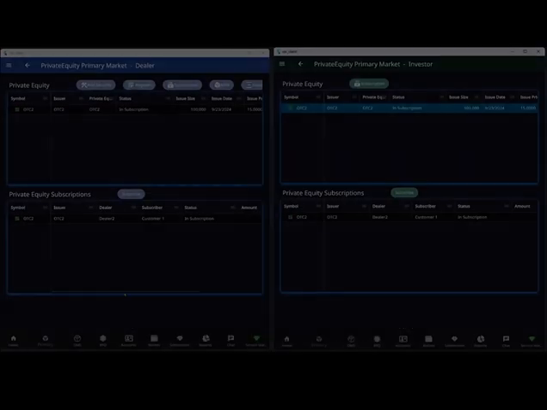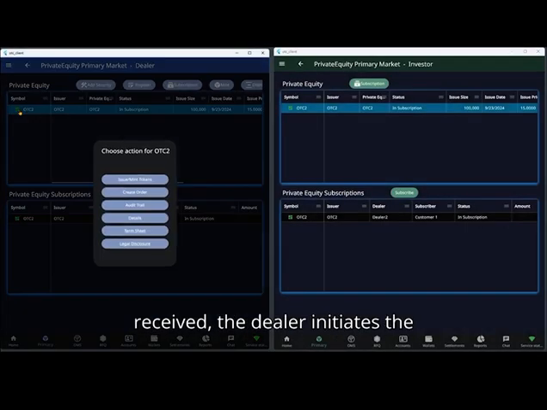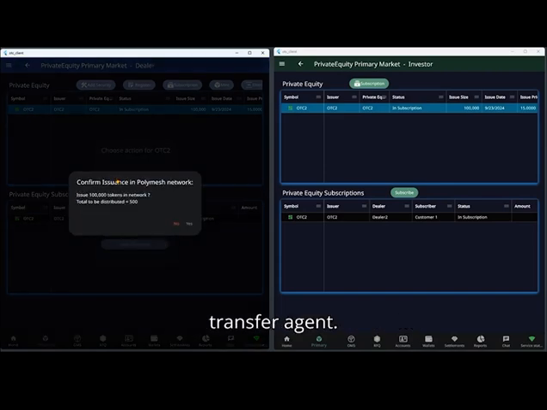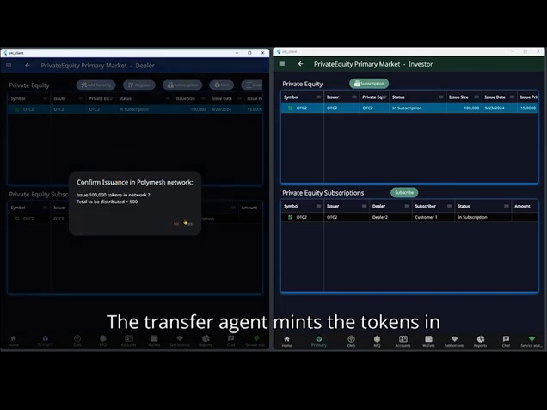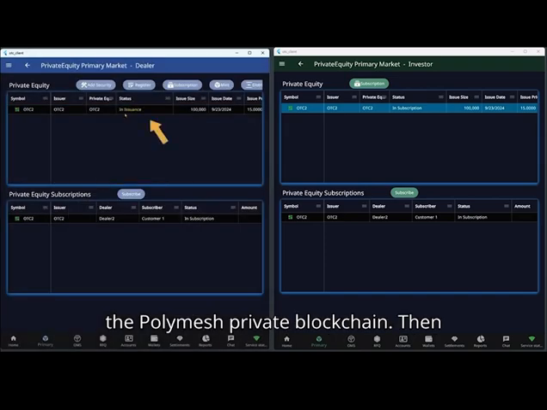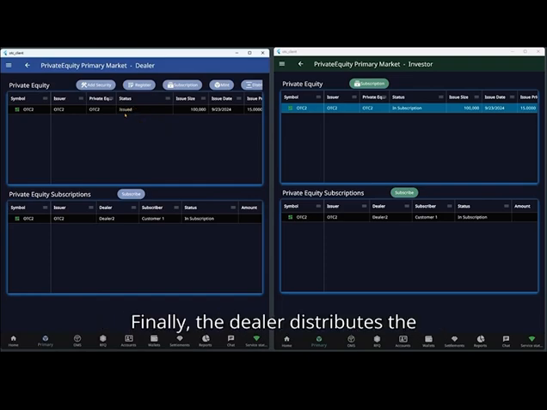When sufficient subscriptions are received, the dealer initiates the minting of tokens and notifies the transfer agent. The transfer agent mints the tokens in the Polymesh private blockchain. Then, using zero-knowledge proofs, the agent transfers the tokens to the dealer custodian. Finally, the dealer distributes the tokens to the subscribers.